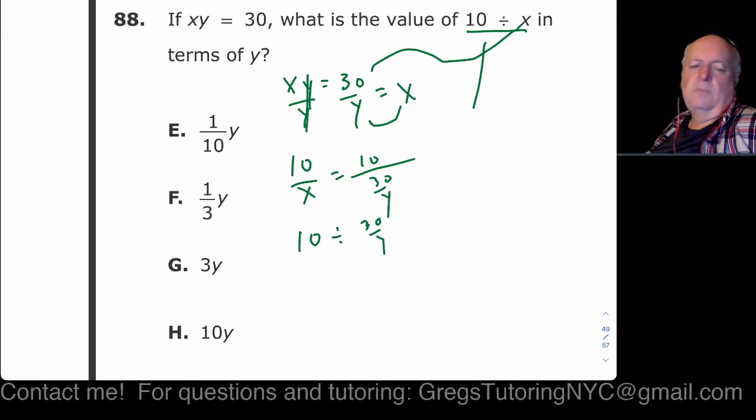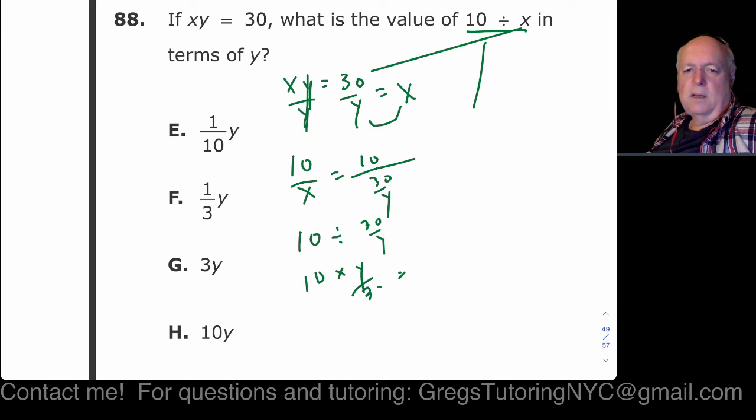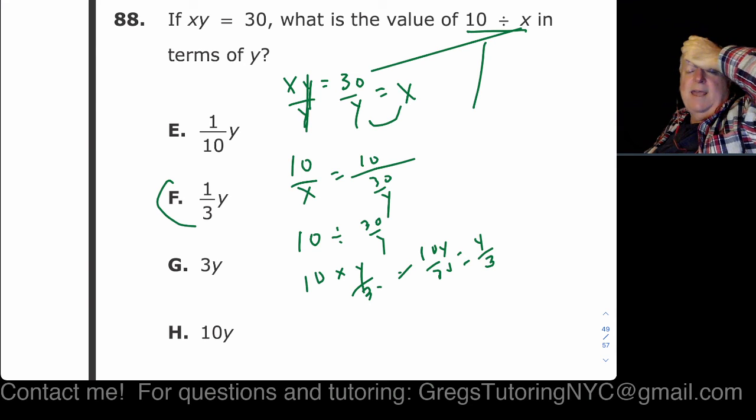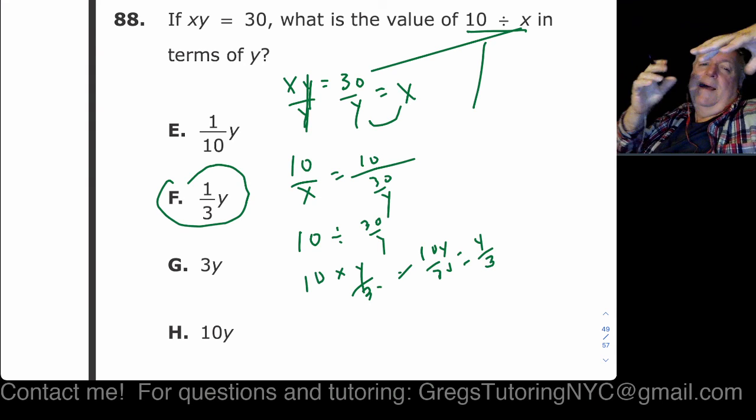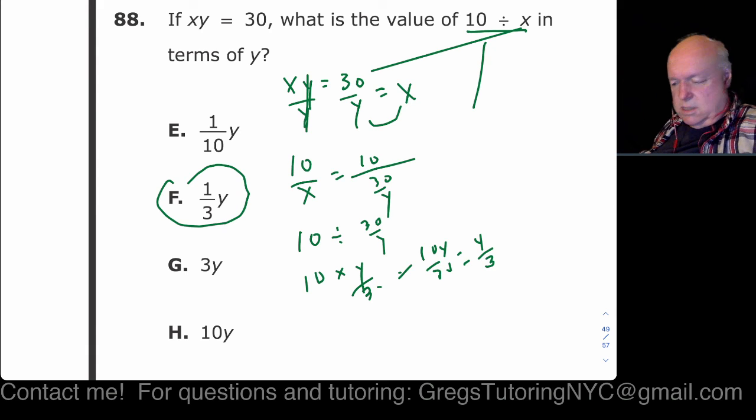We know through keep, change, flip that this is the same as 10 times y over 30, which is equal to 10y over 30, which is just y over 3, or 1/3 y. This is an example where the form I came up with, y over 3, doesn't literally match the exact textual representation that they gave us here. Anyway, that's 88.